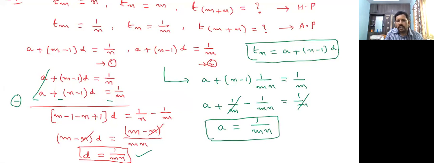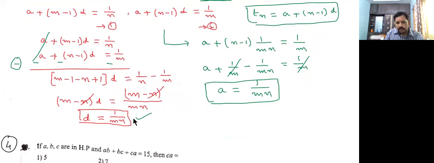And d also. Now we need to find Tm plus n term. What is Tm plus n? Tn, nth term formula already we know that. Just in place of n, replace m plus n. a plus m plus n minus 1 into 1 by mn.